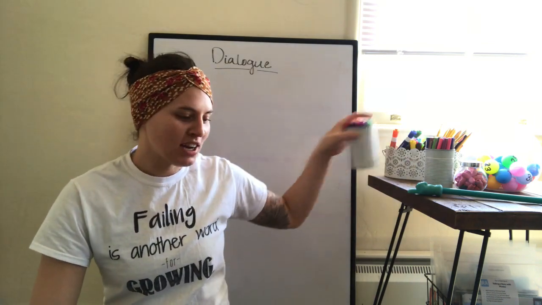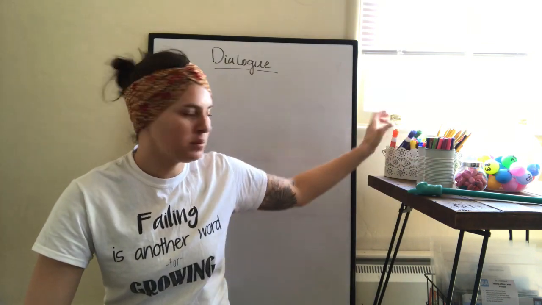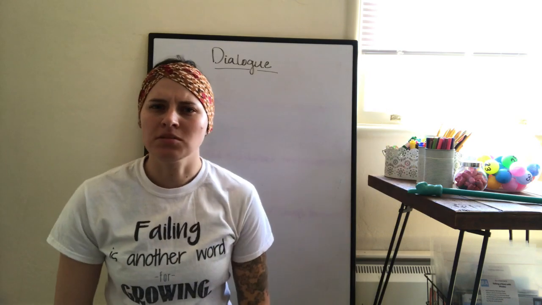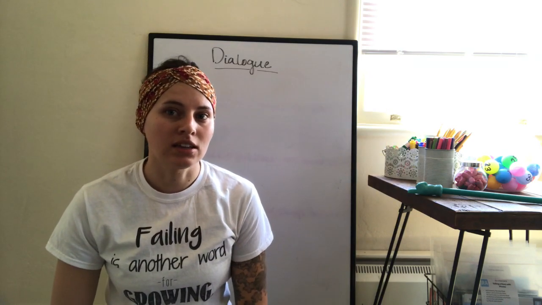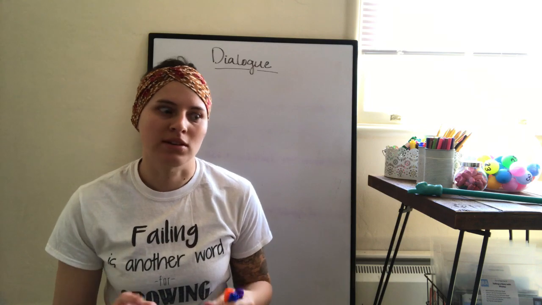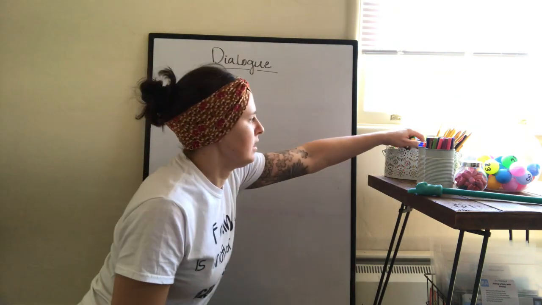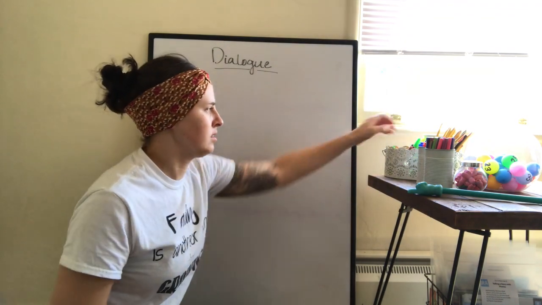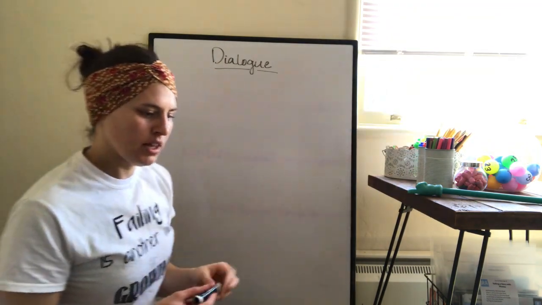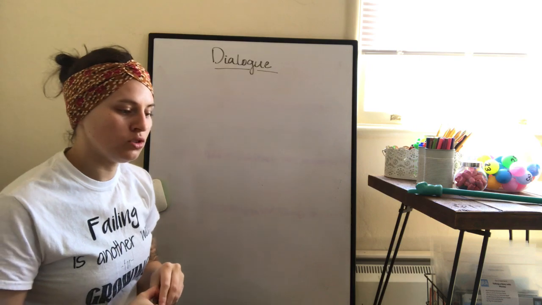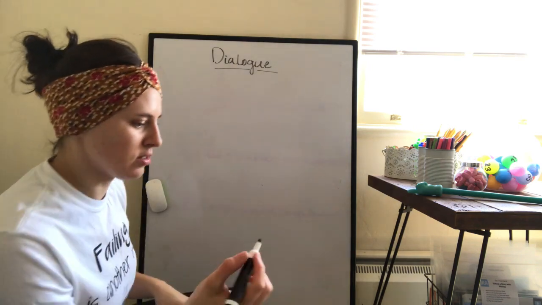So right now I'm going to just show you some tips on how to write dialogue and your quotation marks, because I want you to do it quickly. So there's 3 different ways to use quotation marks. Let me get on my markers while I catch my breath.